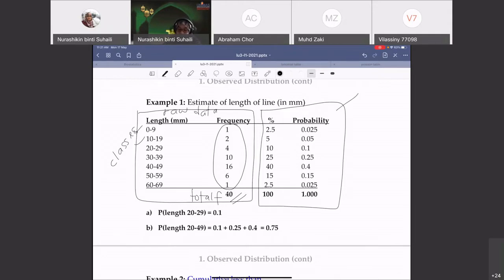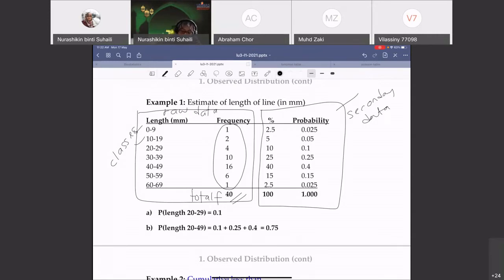When you start calculating, for example, the probability, this is the data that we derive from the primary or raw data. This is what we call secondary data, and in this case, it's probability.